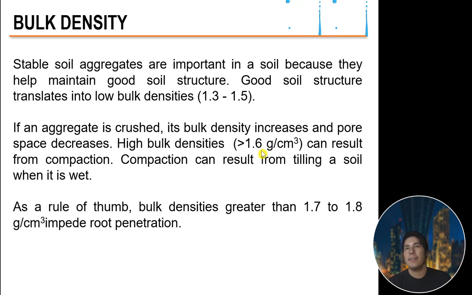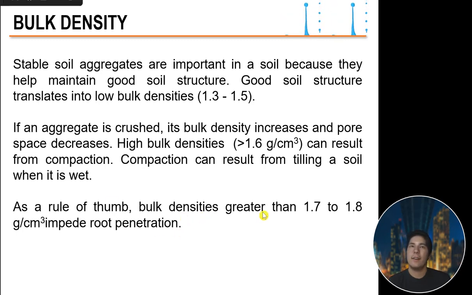High bulk density, such as greater than 1.6 gram per cc, can result from compaction. Compaction can result from tilling soil when it is wet, no? Like parang may dumadaan na sasakyan, mga sasakyan na pang agricultural, during rains. Syempre, nako-compact din yung soil niya eh.